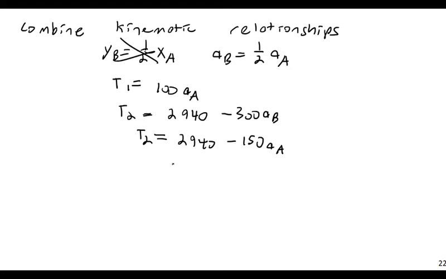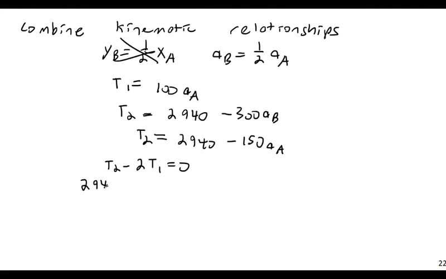And then I also know that I have T1 and I have T2, and then let's look at the expression T2 minus 2T1 is equal to 0. If I substitute in this expression for T2 and this expression for T1, suddenly I'll have an equation with only one unknown.